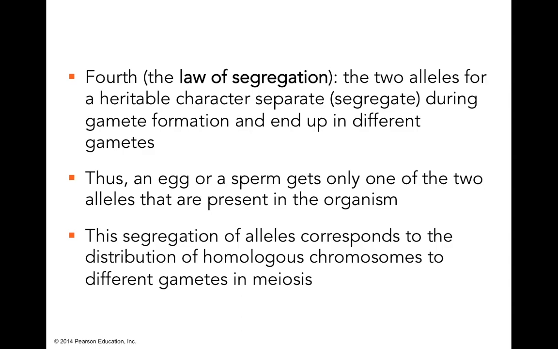In the diploid state, you've got two copies of every gene, so you can mask recessive characteristics. But if you produce gametes that have recessive alleles in them, you can pass on those recessive alleles, and they can be seen in the progeny. So an egg or sperm is only going to get one of the alleles that's present in the parent.